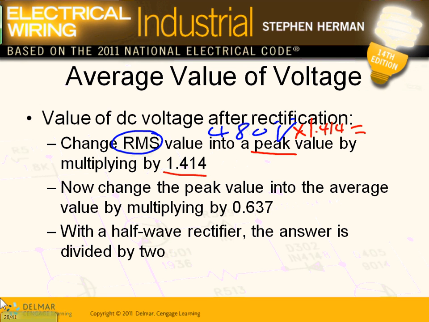What would that be here? 678 volt. Cool. Then you take this 678 and multiply by this magic number for the average value. This is the average DC value. What would that give you, Chris? 0.637 of this number. That's for the full wave rectification.